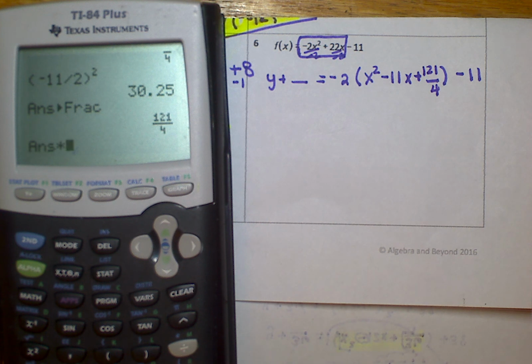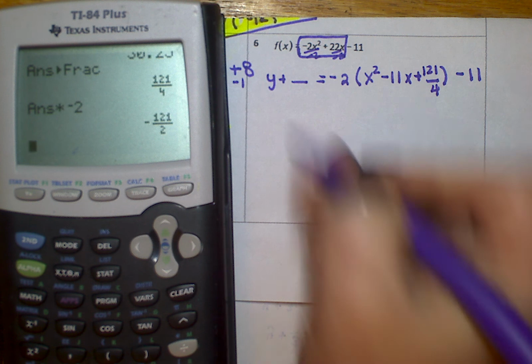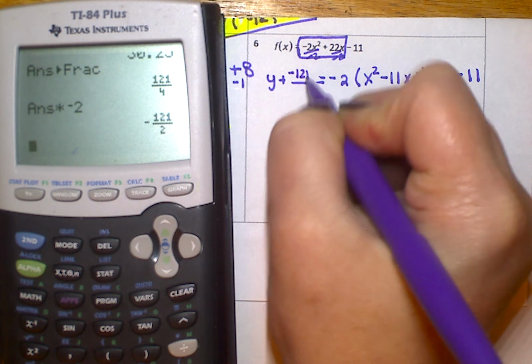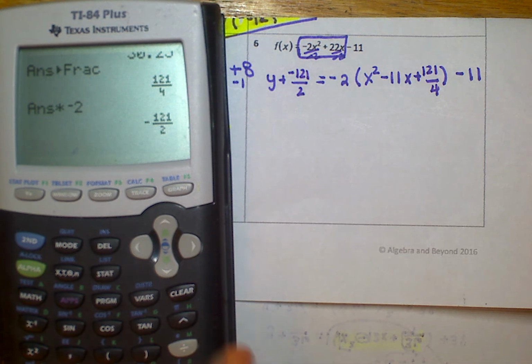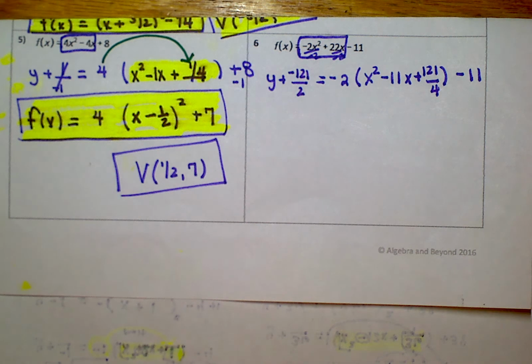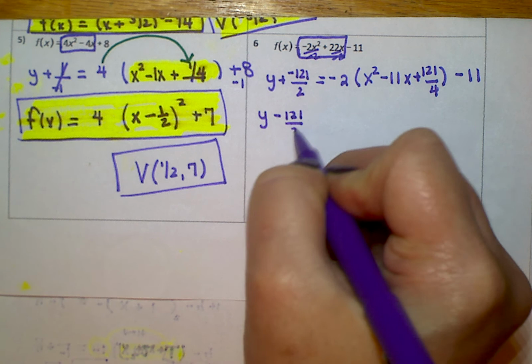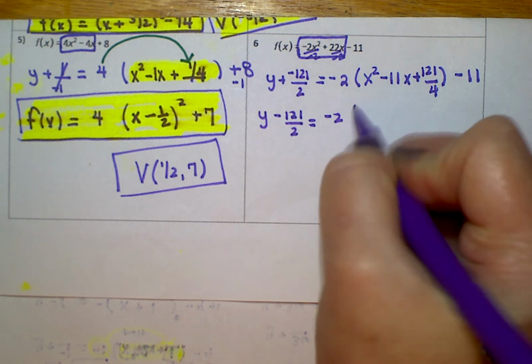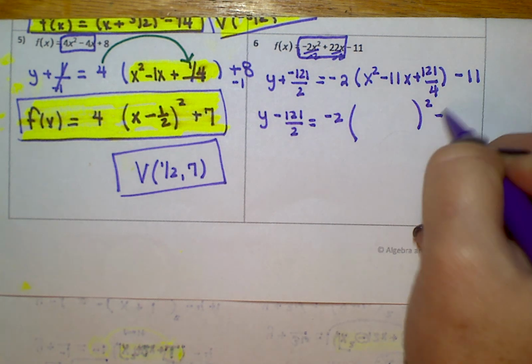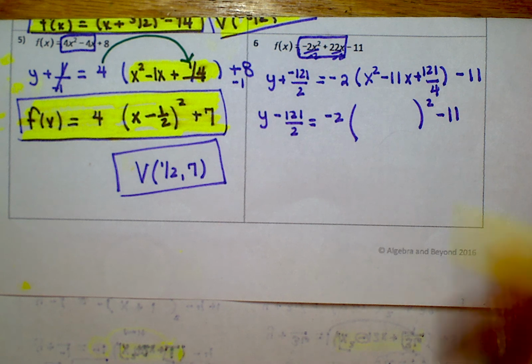I'm going to multiply that to the -2 that's in front, and I'm going to get -121/2. Okay, I'm going to go ahead and write this over since we're dealing with a lot of these fractions. We're going to factor that next.